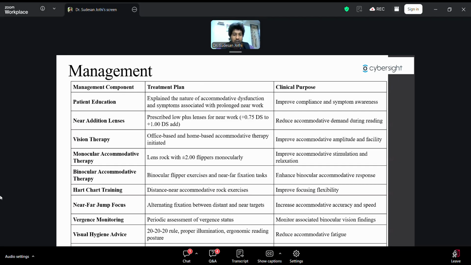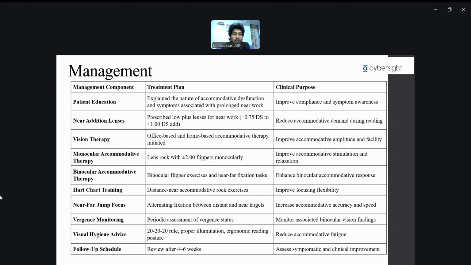We also advise visual hygiene, including the 20-20-20 rule, and review the patient after 4 to 6 weeks to monitor improvement. You can also monitor the vergences, the visual hygiene, and a very important one is the follow-up schedule.